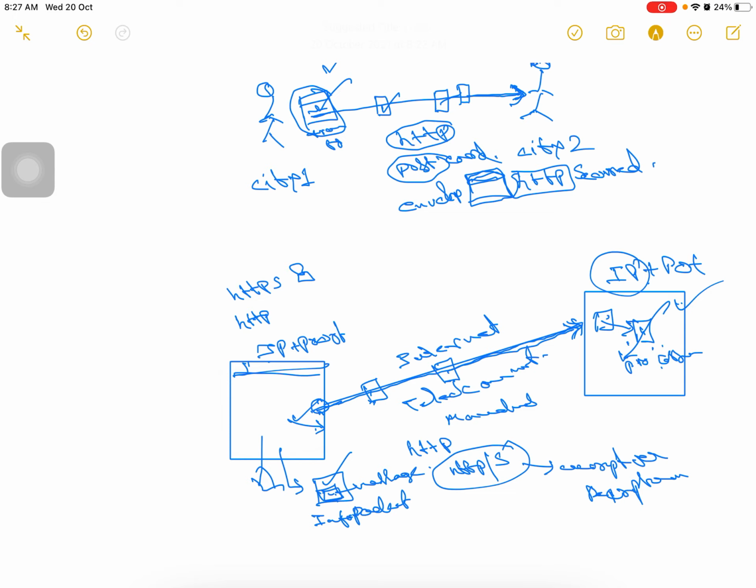Similarly, if the server wants to send some information back to the client, it will encrypt and the client will decrypt, so that only these two parties can read the information. In between, no postman, no third parties or middlemen can read this information. This is how secured communication happens.